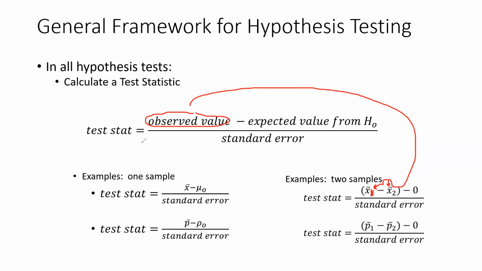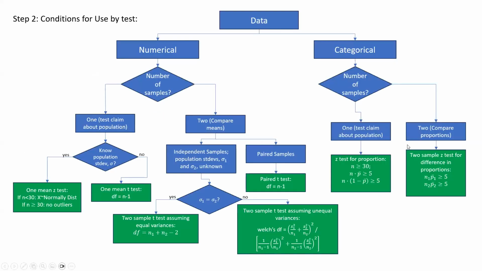And then we're going to divide by the standard error. All right. That's just a little review on how we always get the same structure for the test statistic.